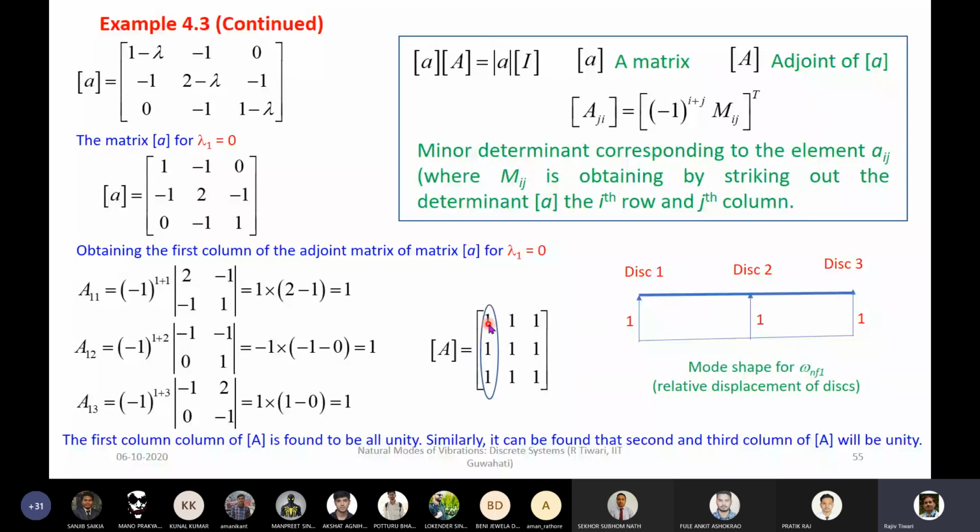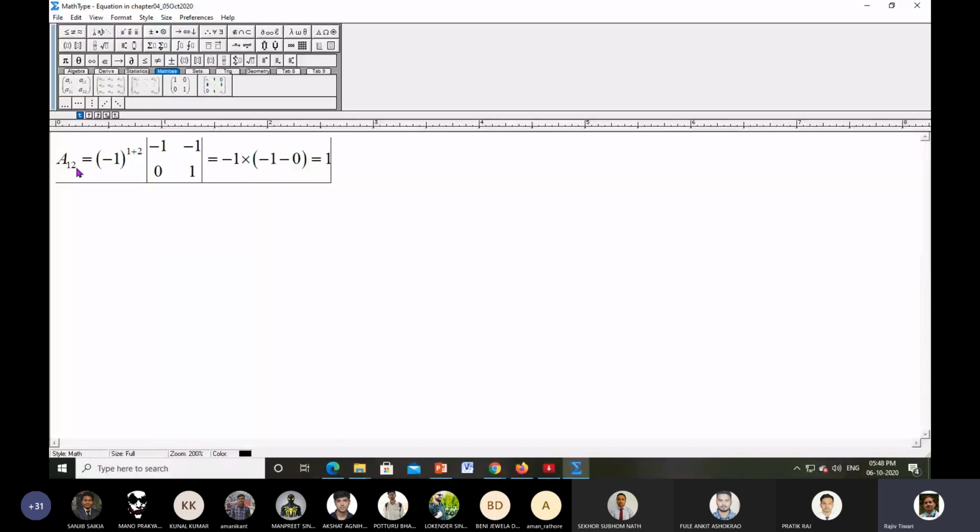Now I want to find out A12, because first is the row and second is the column. So if I put 1, 2, that means first row and... 1, 1. Okay, so second row, this should be, I think, 2, 1. Let me write, I think this subscript 2, 1, and this will be 3, 1.